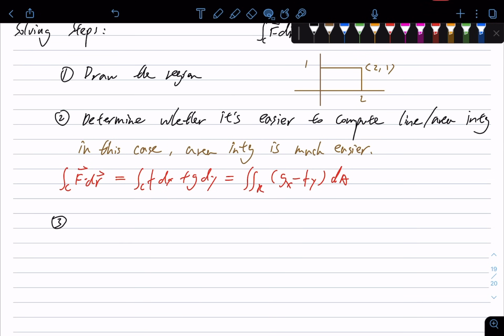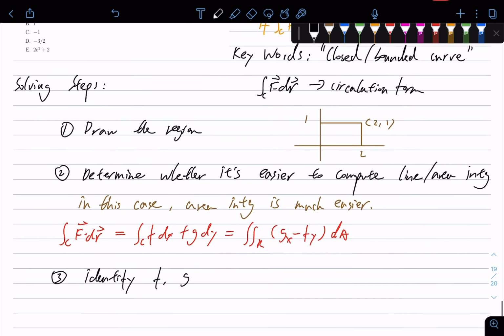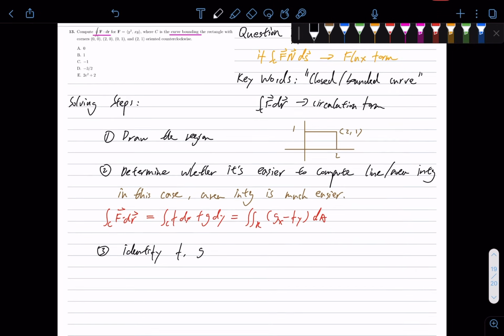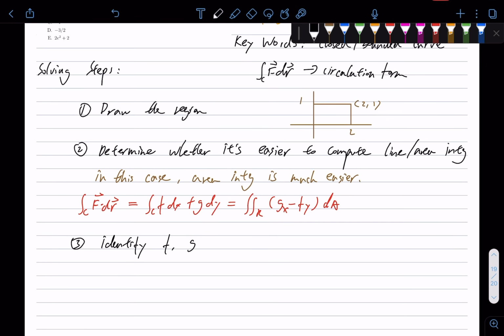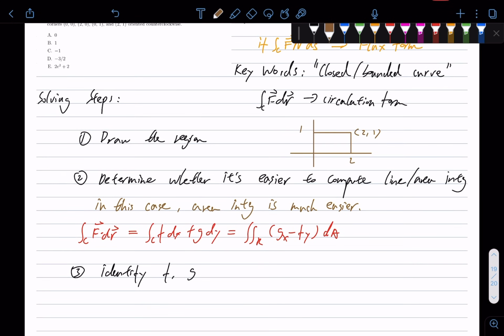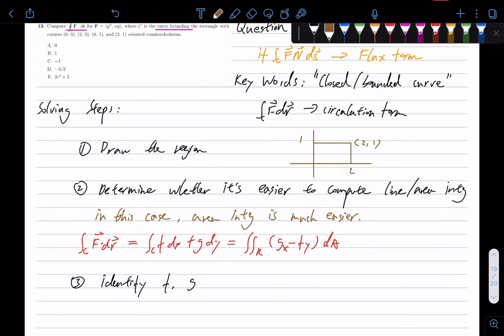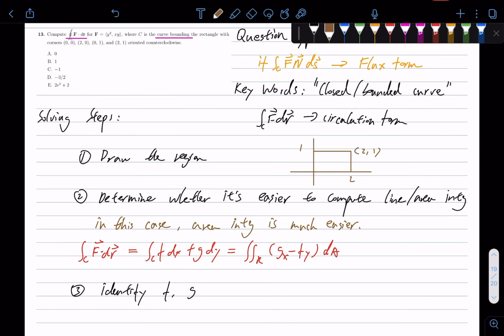In order to use this theorem, we're going to identify f and g first. This is not a very hard step, but we need to do it so that we don't get confused later on when we try to take derivatives.